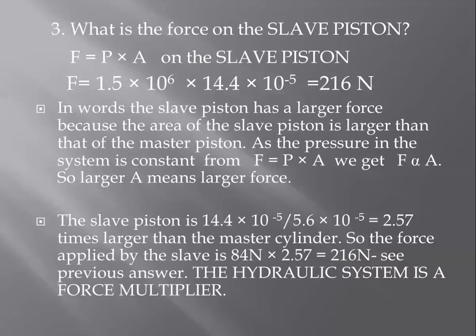So the force applied by the slave is 84 times 2.57 equals 216 newtons. So there's different ways of solving the same equation. It's probably easier to use F equals P times A on both pistons rather than this system, but it works because the pressure is the same throughout the system.